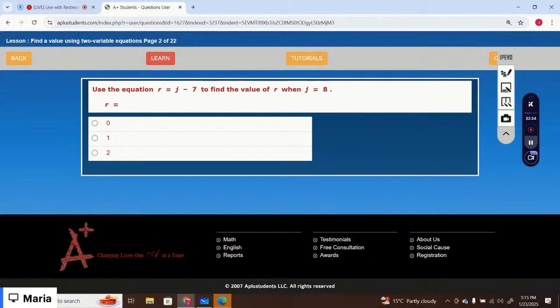Use the equation r equals j minus 7 to find the value of r when j equals 8.